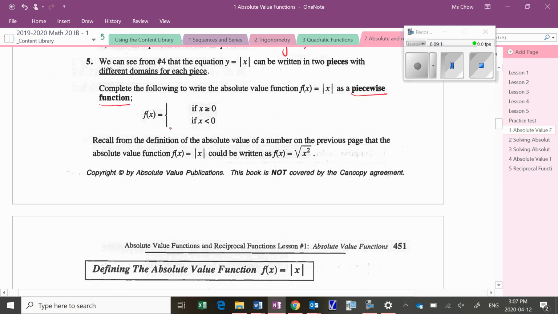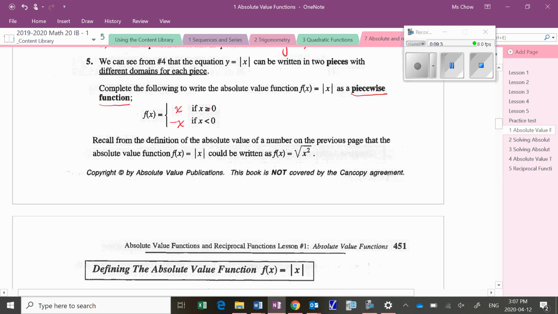So f of x looks like, we would say, y equals x when x is greater than or equal to 0, and y equals negative x when x is less than 0, and so that's our piecewise function.